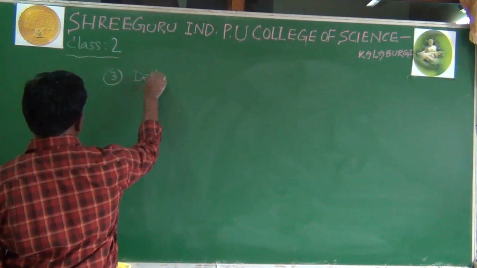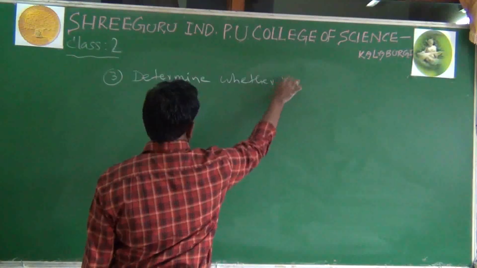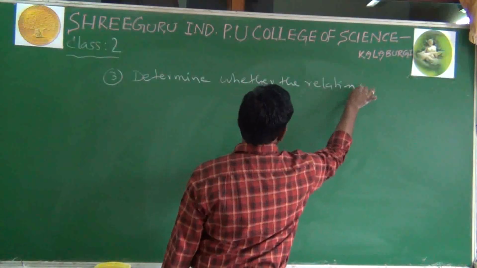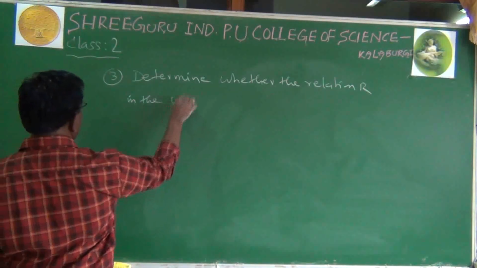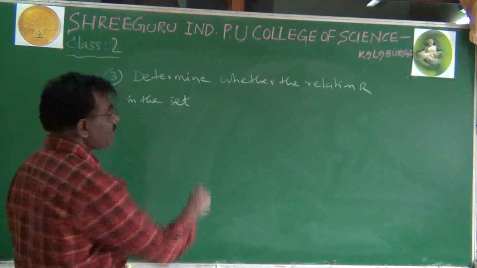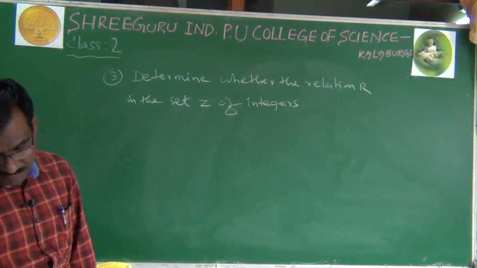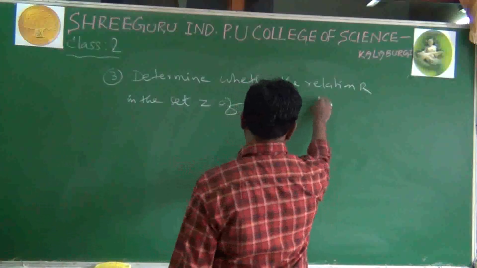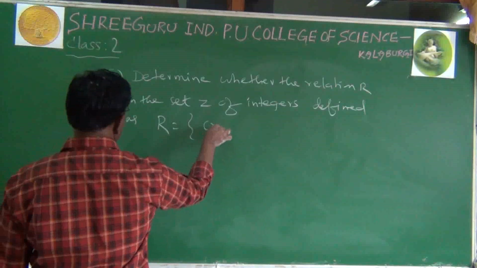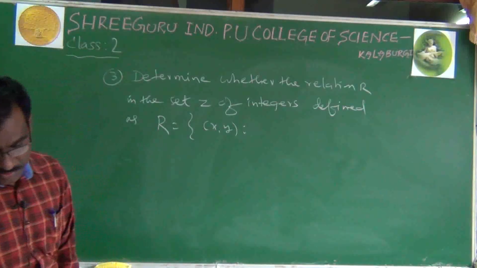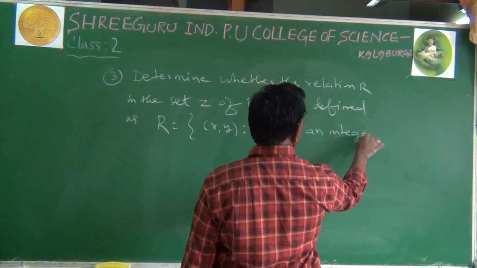Determine whether the relation R in the set Z of integers defined as R equal to the set of X comma Y such that X minus Y is an integer.